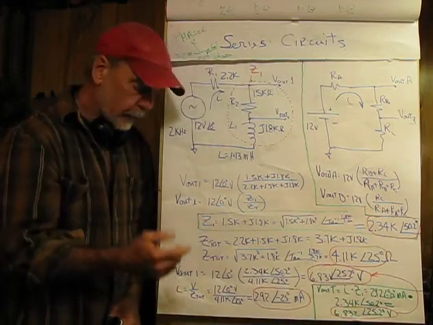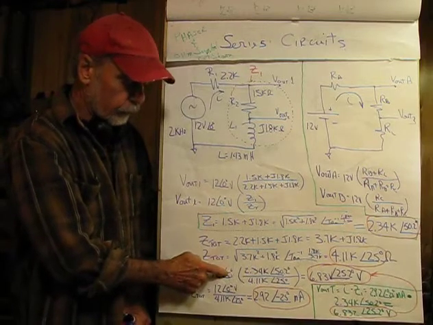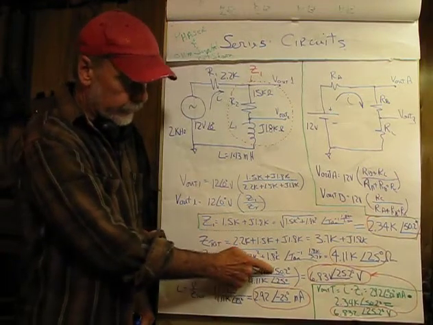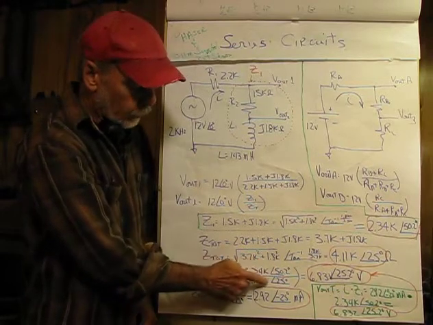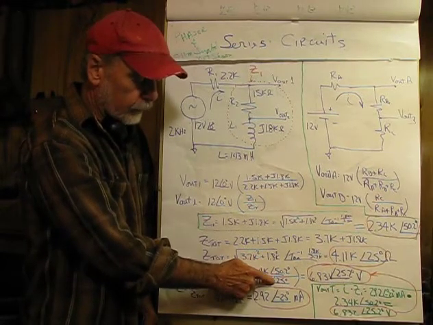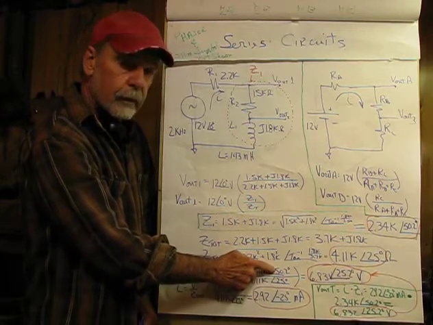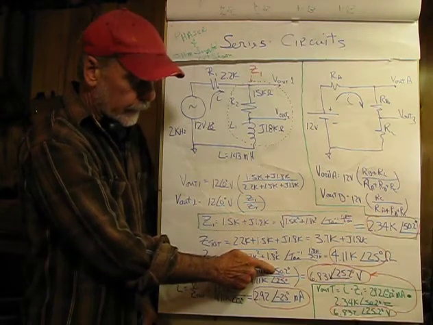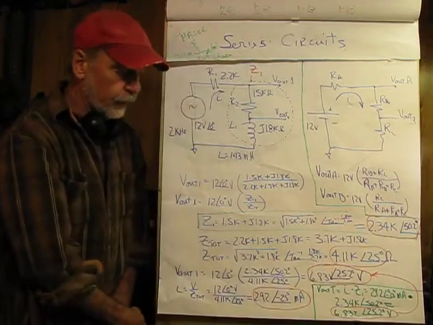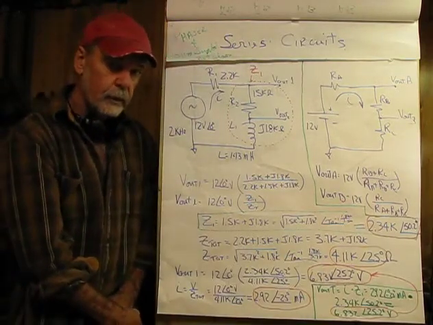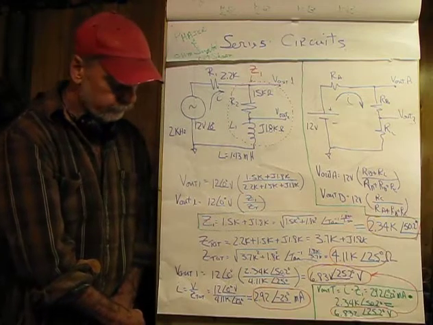Then to figure out the angles, we're taking 0 degrees, adding it to 50.2 degrees because we're multiplying, and then subtracting from that a positive 25 degrees because we're dividing. That gives us the angle for Vout as a positive 25.2 degrees.